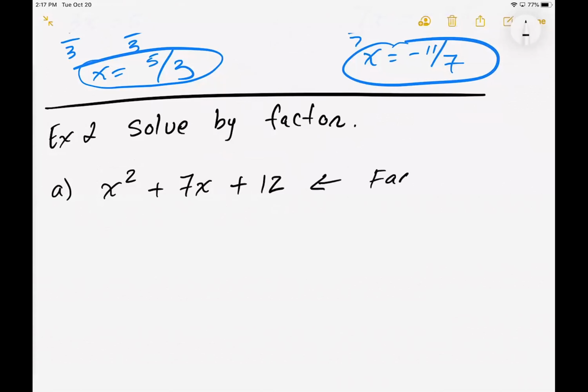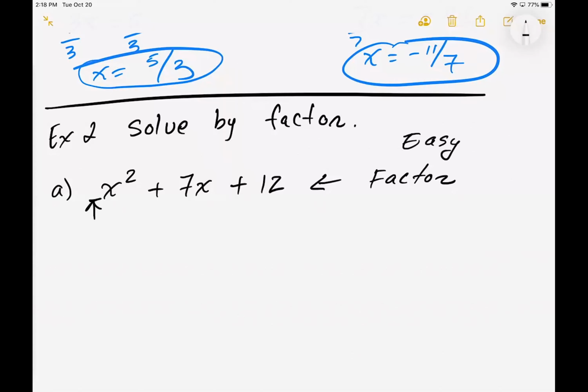If you remember this from yesterday, when you look at this problem, is this a hard problem? How do you know if it's an easy problem, or how do you know it's a hard problem? Well, is there a number in front of the x squared? If there's no number in front of x squared, this is an easy factor.